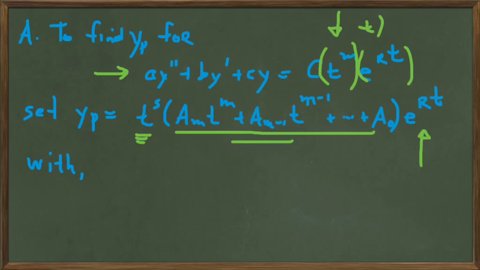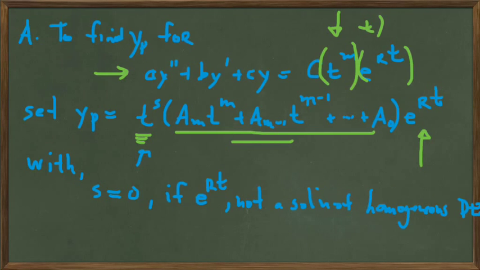So we would have s equals 0, this s and the t to the s out front here, if r is not a root of the homogeneous DE. So s equals 0 if e to the rt is not a solution of the homogeneous DE.